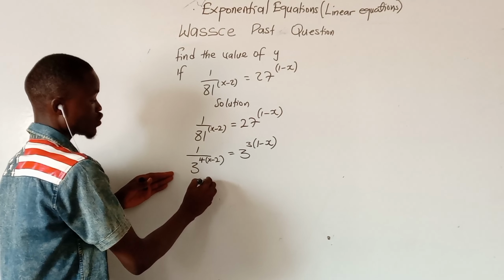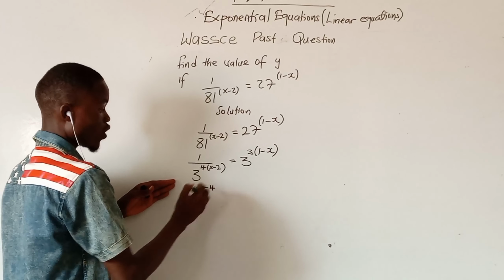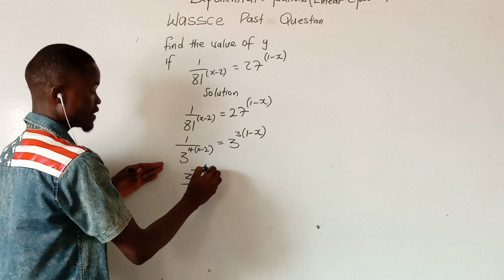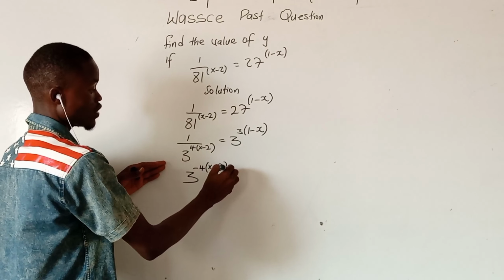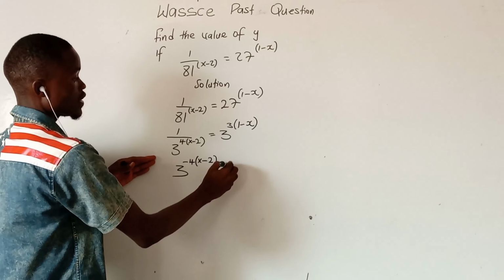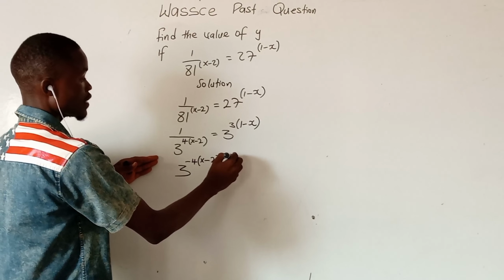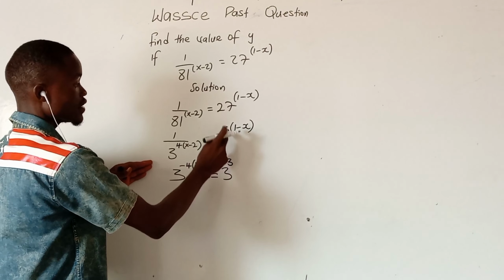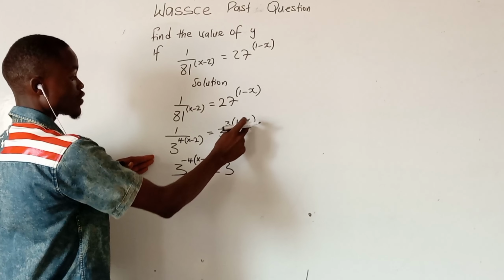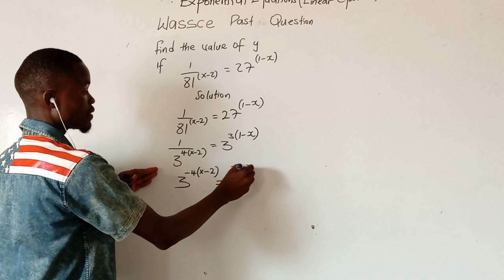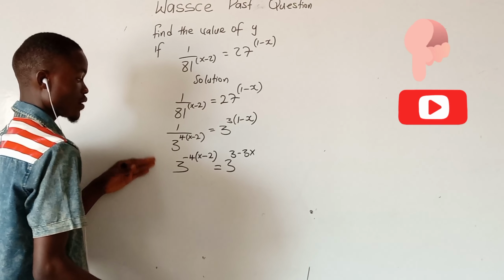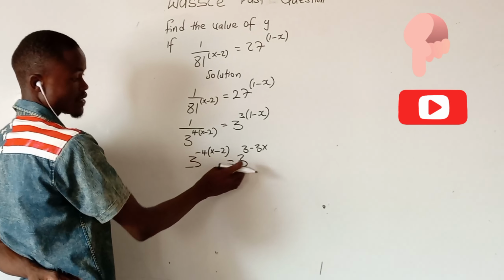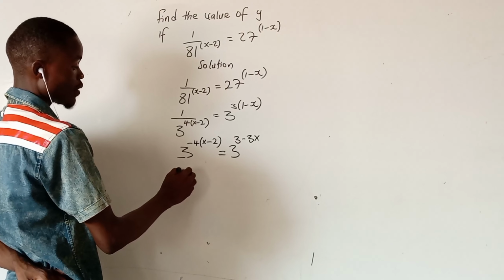Say 3 to the power minus 4 into x minus 2 equals 3 raised to the power, you multiply this and this, it will give us 3 times minus x, which is minus 3x. Since the bases are the same, you just equate the powers.